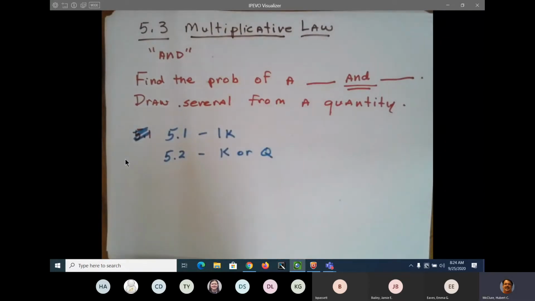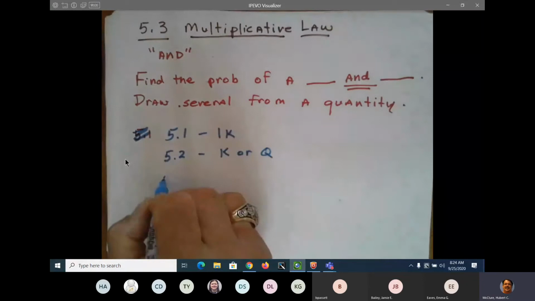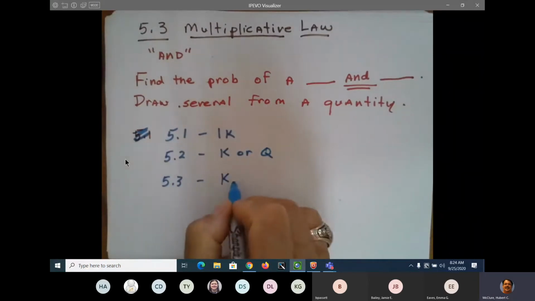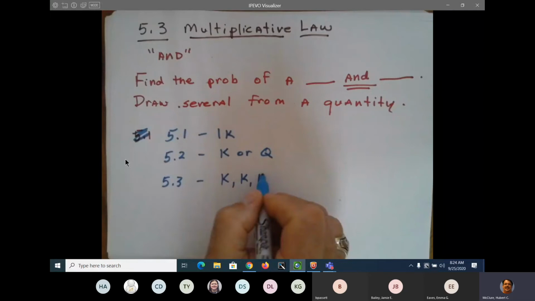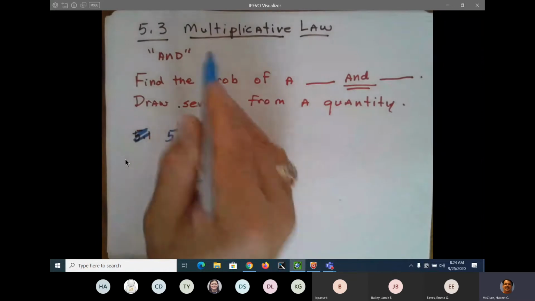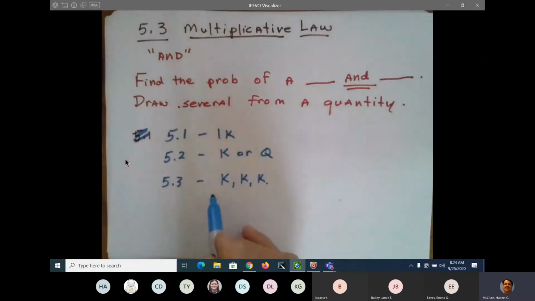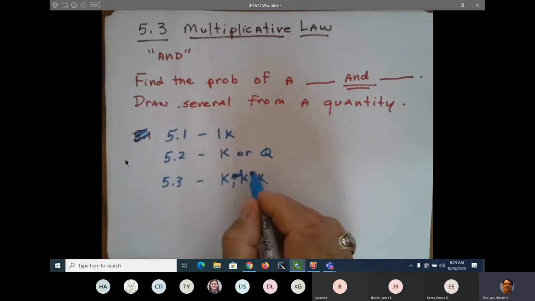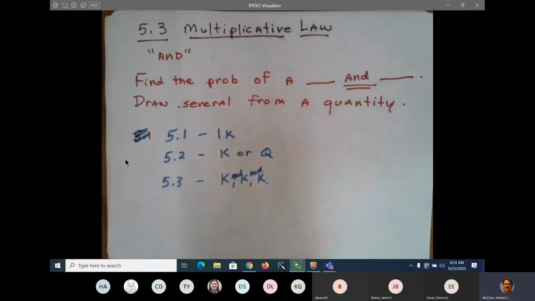That's 5.2. 5.3 will be picking 3 kings in a row out of a deck of cards. Okay, so that's the difference between the additive law and the multiplicative law. And you could say a king and a king and a king. That's a different way of writing it.